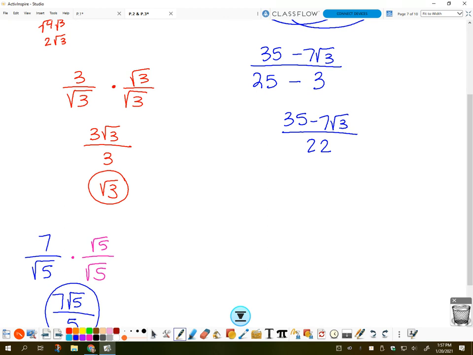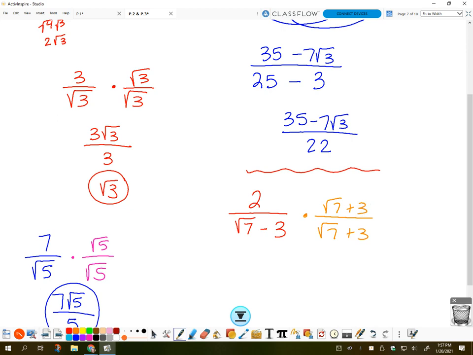All right, so again, since you're not here, let's do one more of those together. Let's say that I give you, I don't know, 2 over the square root of 7 minus 3. To rationalize, you're going to multiply the numerator and denominator by the conjugate of that denominator.